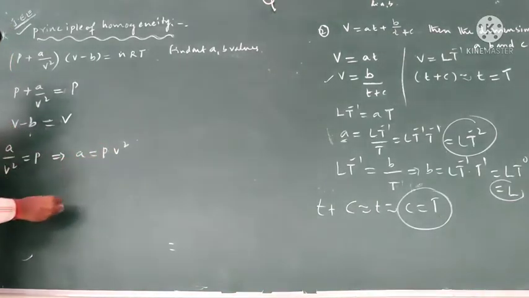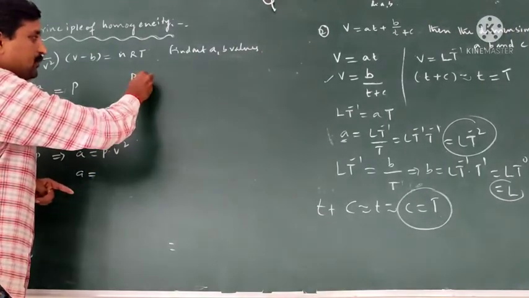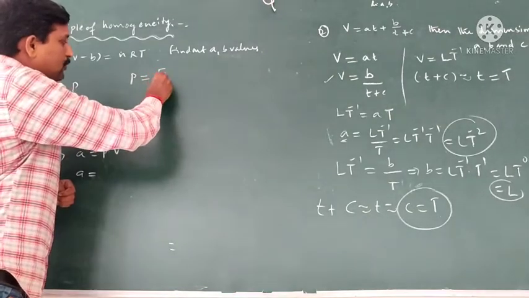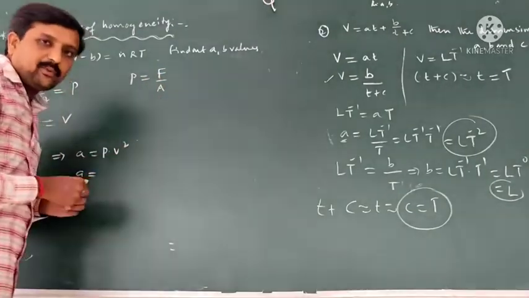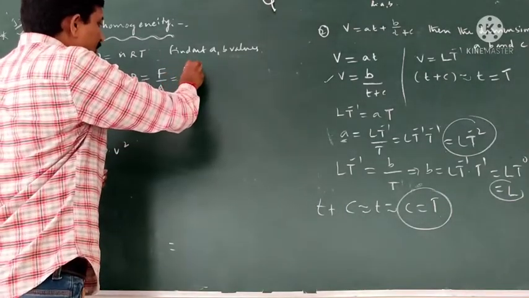So a is equal to, what is P? Just now we told P means pressure. Pressure means force by area. Force acting per unit area is known as pressure. What is the dimension formula of force?